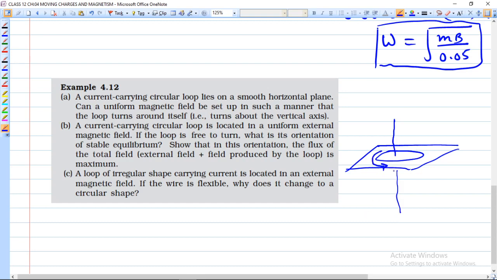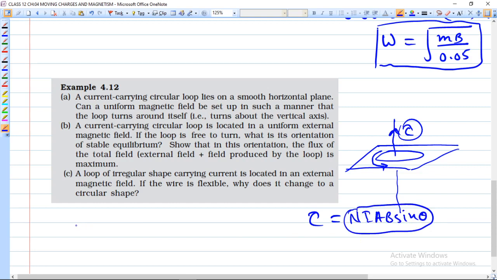If it turns like this, then rotate your right hand fingers like this, and the torque will be in this direction. But what is the formula for the torque? Tau is equal to NIAB sin theta, and tau is perpendicular to both A bar and B bar.